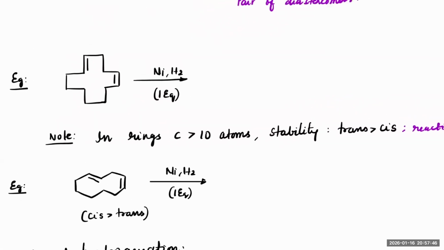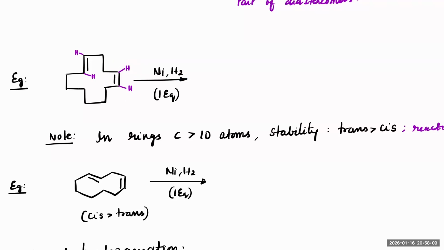If cis is more reactive, you can see this side there is cis, this is trans. Because you can see clearly here hydrogens are added here like this. That means it is in a cis form. Hydrogen and hydrogen are here in a trans form. So now the upcoming hydrogen has to get added. Where does it get added? It will get added in this direction.